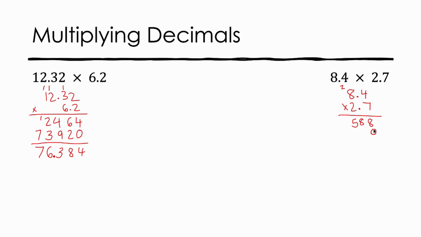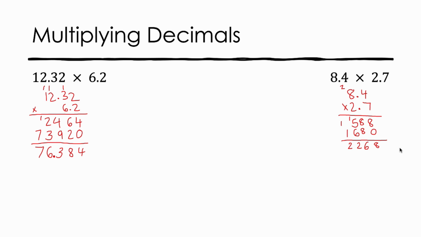Then a 0. 2 times 4 is 8. And 2 times 8 is 16. 8 plus 0 is 8. And I'll just keep going.